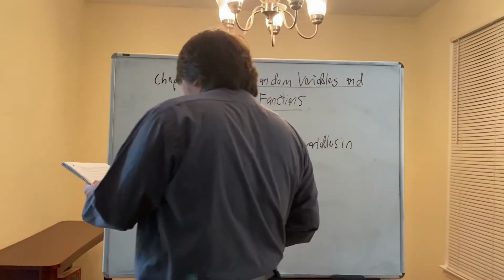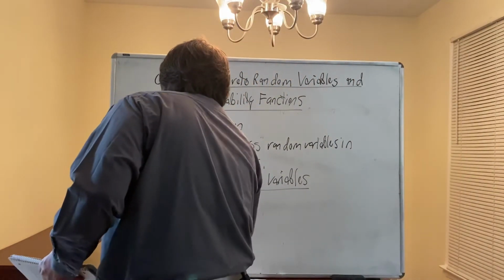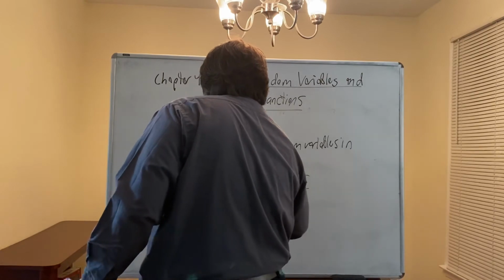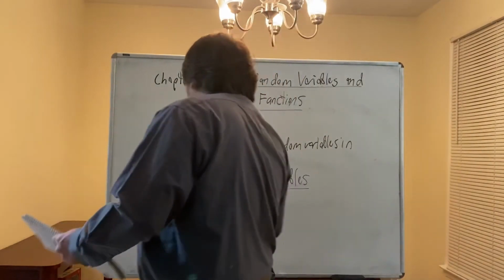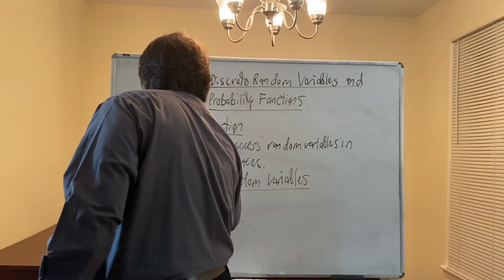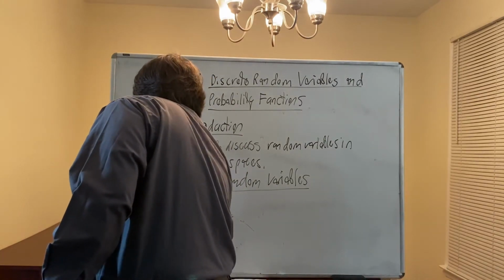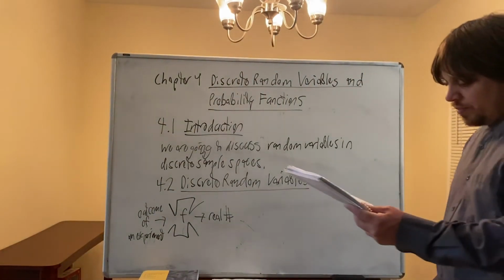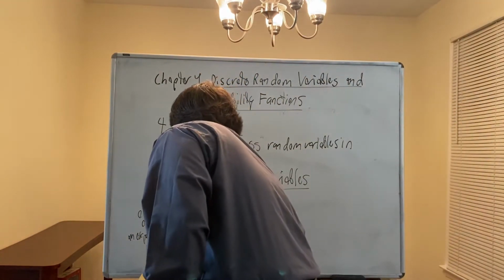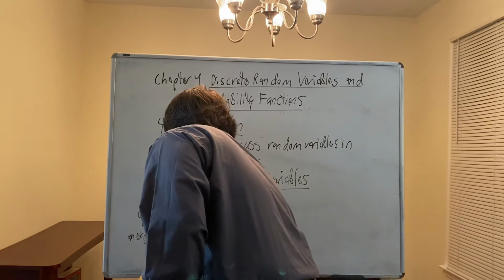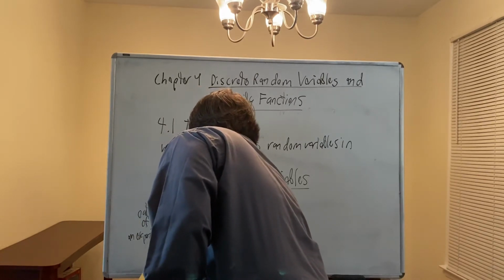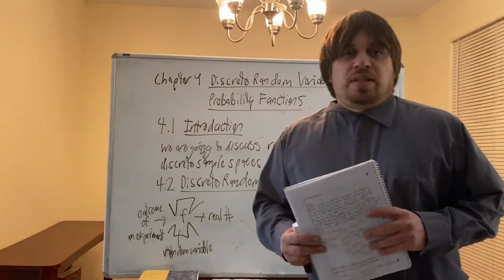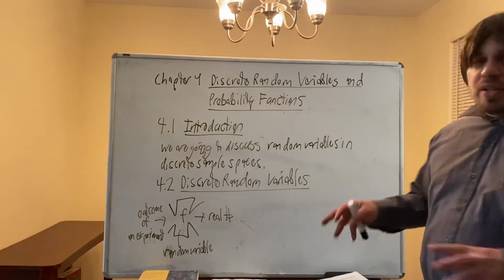Okay, so a random variable, right? We discussed this briefly. A random variable is a function that assigns a real number to each outcome of an experiment. Try to broaden your minds a little bit here, because this is going to be a little contrary to what you're used to thinking.